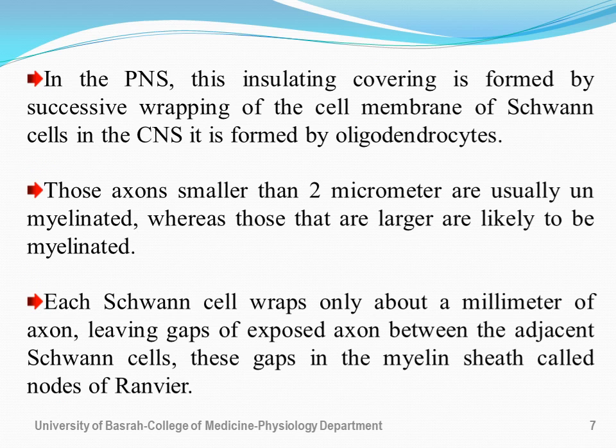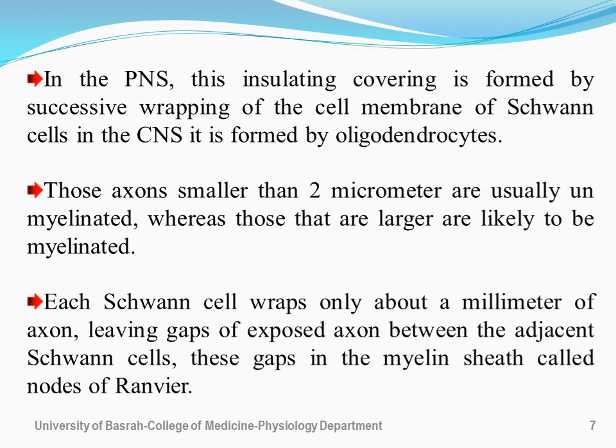In the peripheral nervous system, the insulating covering, the myelin sheath, is formed by a successive wrapping of the Schwann cell membrane around the axon, and in the central nervous system the myelin sheath is formed from the oligodendrocytes. Usually the Schwann cells that form the sheath of Schwann surrounding the axons in the peripheral nervous system are responsible for making the myelin sheath there, while in the central nervous system I have no sheath of Schwann and no neurolemma. Who makes the myelin sheath? The oligodendrocytes do.